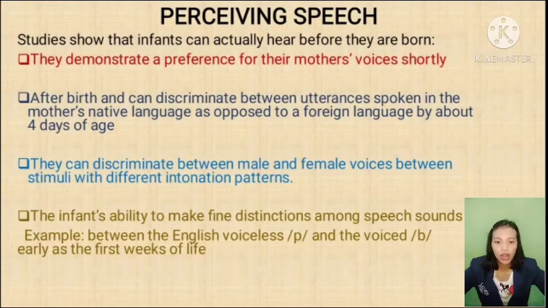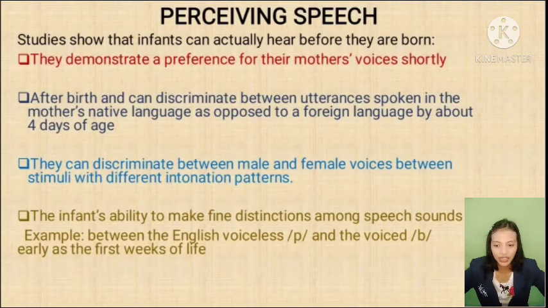And now, I want to explain about perceiving speech. Studies show that infants can actually hear before they are born. The first one, they demonstrate a preference for their mother's voice shortly after birth. The second, they can discriminate between utterances spoken in the mother's native language as opposed to a foreign language by about 4 days of age.